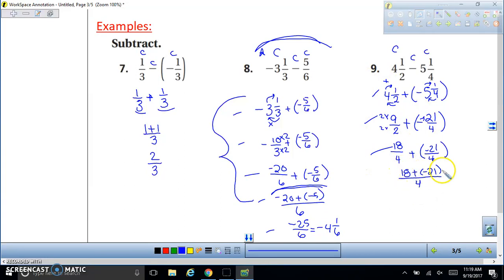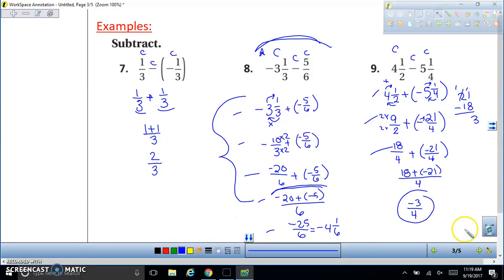Is 18 or negative 21 further from 0? Negative 21 is further, so the answer is going to be negative. Now 21 minus 18, got to borrow. 11 minus 8, 8, 9, 10, 11, 3. Okay, 0. 3 over 4, negative 3 over 4.